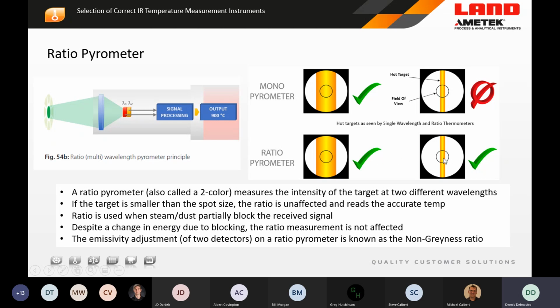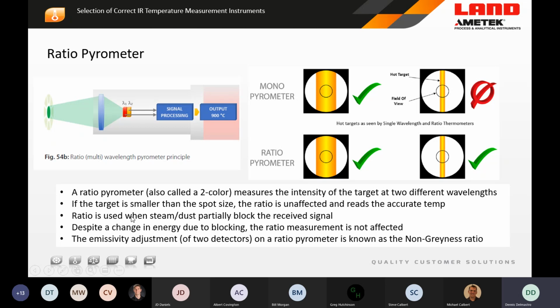But if it's smaller than the field of view or the spot size, then a ratio pyrometer will still function properly. The reason is that when you use 2 detectors, the ratio remains the same even if the target is smaller than the spot size.